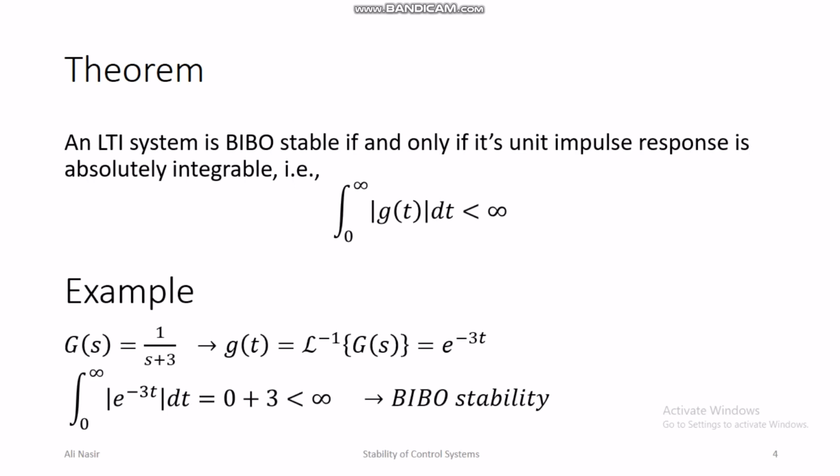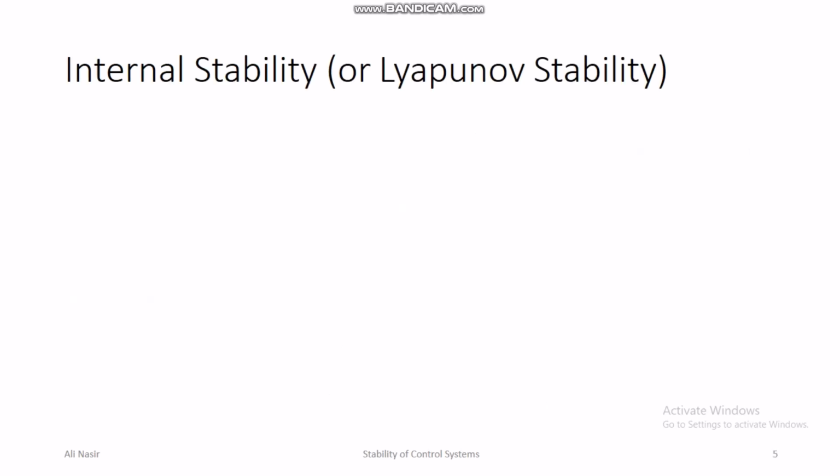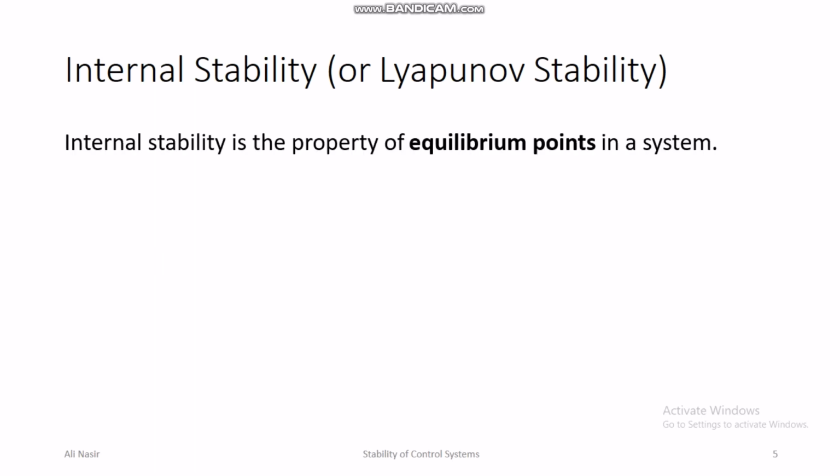Okay, so now that we have looked at BIBO stability, next we look into the internal stability or Lyapunov stability of the system. The internal stability of the system is the property of equilibrium points in a system. We have already discussed the equilibrium points when we discussed the linear approximations of nonlinear systems, but let me just remind you what an equilibrium point is.